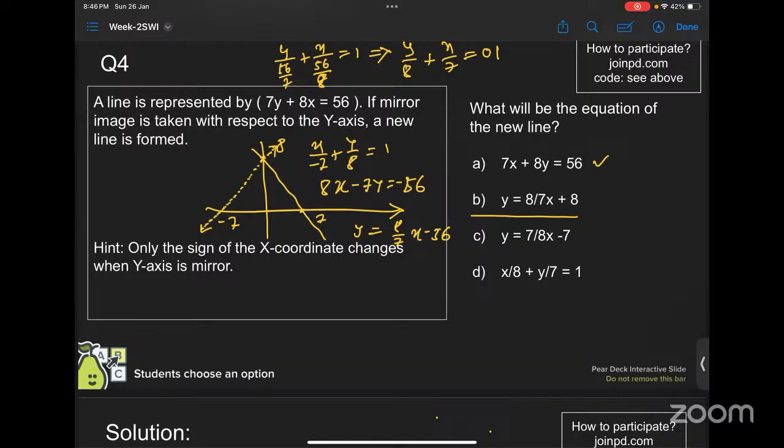And if we reflect the line with respect to the x-axis, then the x coordinate will remain the same, and we will get the negative version of the y coordinate. So in both cases, the sign of the slope will change. Is it fine? Yes.